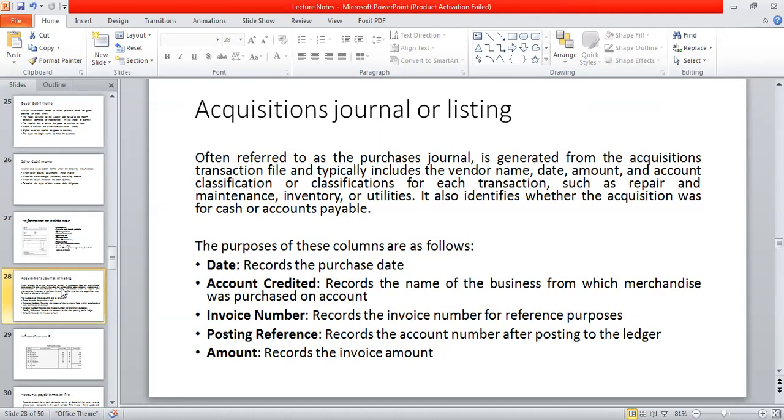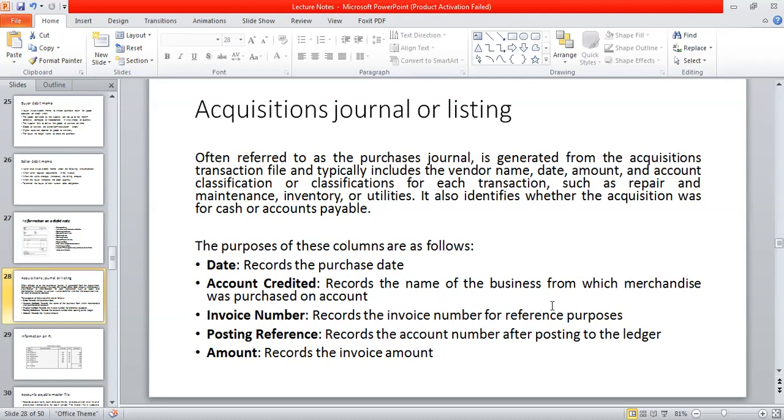So it has the following columns: the date, which records the purchase date, the account credited, the name of the business from which merchandise was purchased on account. Remember, we said a specific business unit or department will issue a purchase requisition. So after the goods or services are received, for accounting purposes, the purchase is credited to a specific account.